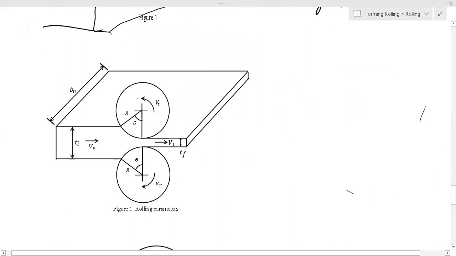Now this is the sketch of the rolling. You have initial thickness T and this is your final thickness. So we'll draw it like this, with this much thickness, and this theta or alpha is the bite angle.